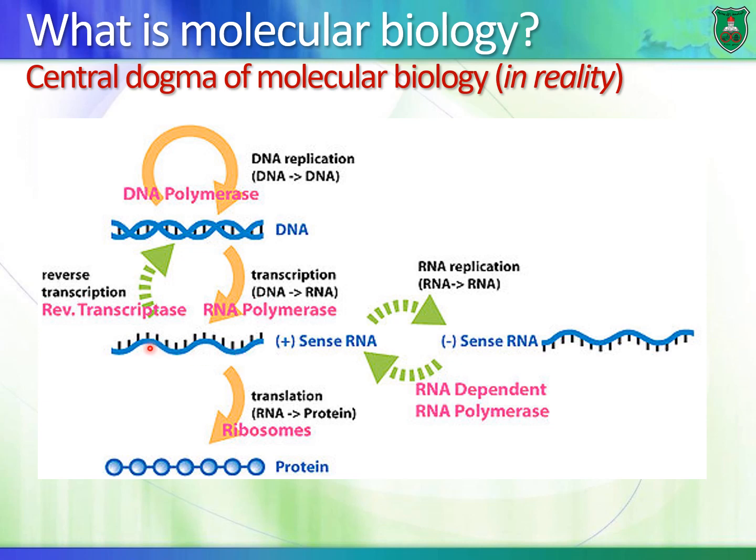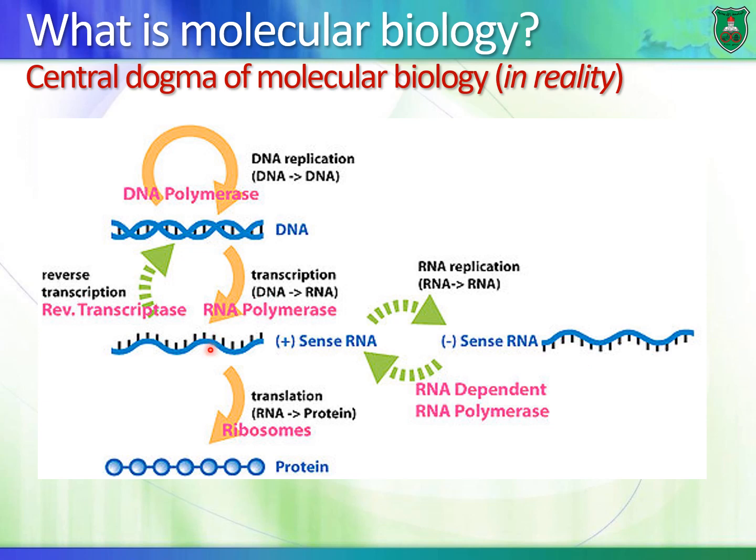Now the thing is, especially in viruses, RNA can be used as a template to produce DNA. This is a process known as reverse transcription, and the enzyme is known as reverse transcriptase. In addition, also in viruses, RNA can be used to make an RNA molecule.